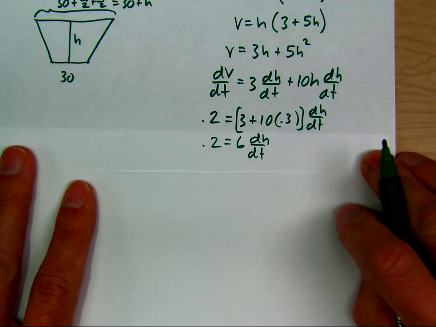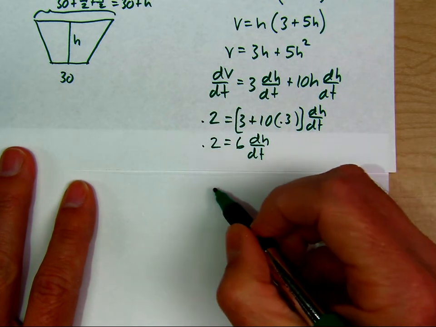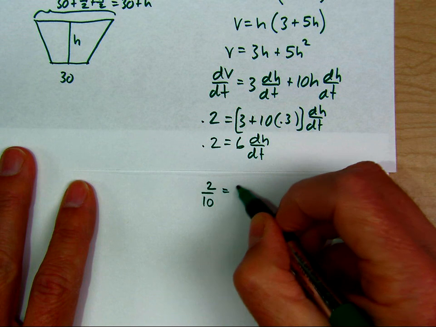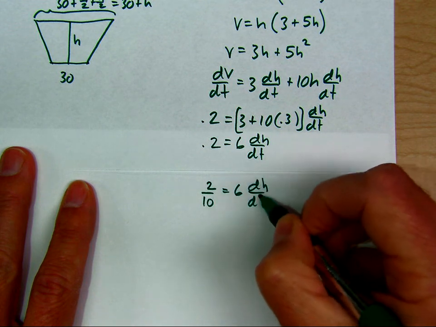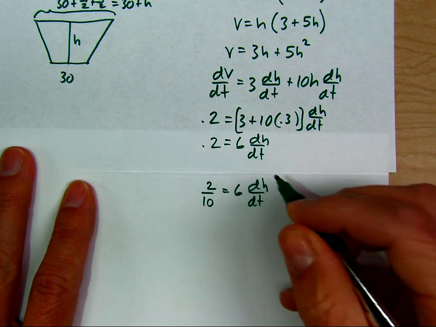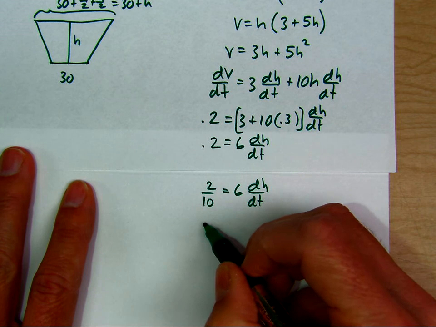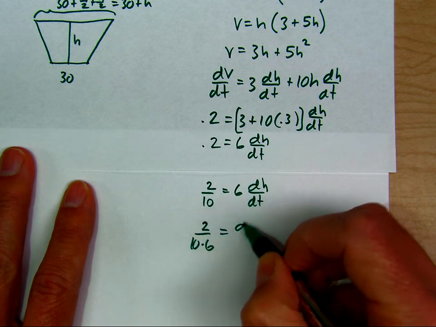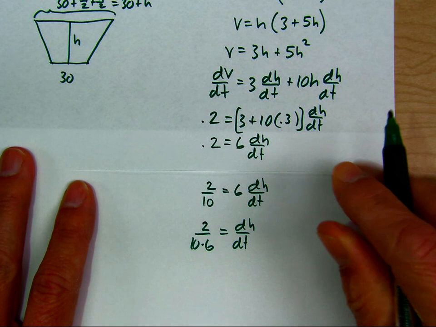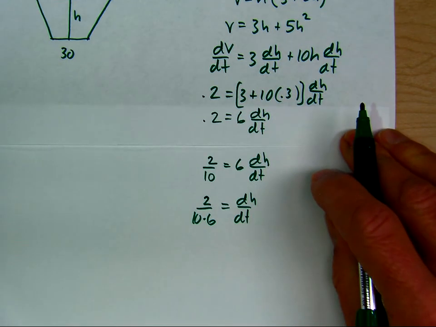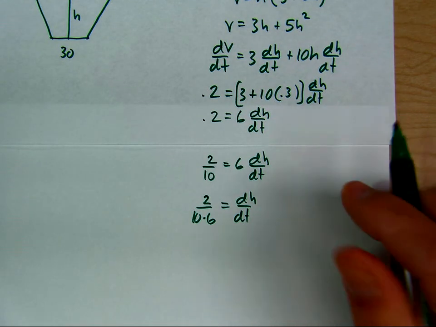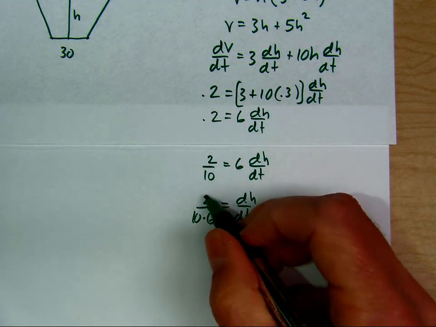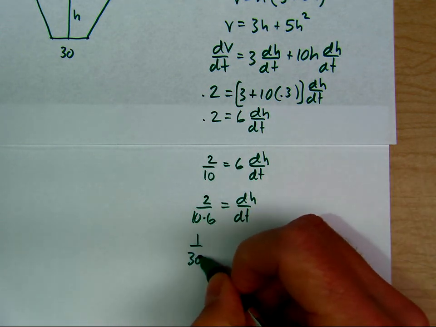And then we have 2 over 10 equals 6 dh/dt. Divide by 6, and we'll have 2 over 10 times 1/6, and that is in meters per minute. Reduce that to 1 over 30 meters per minute.